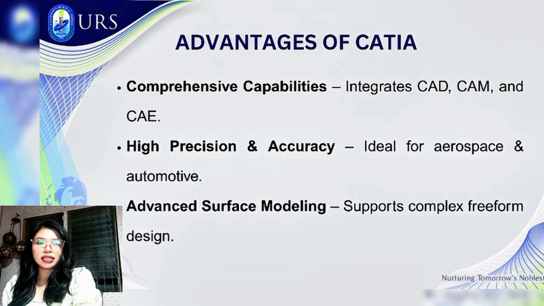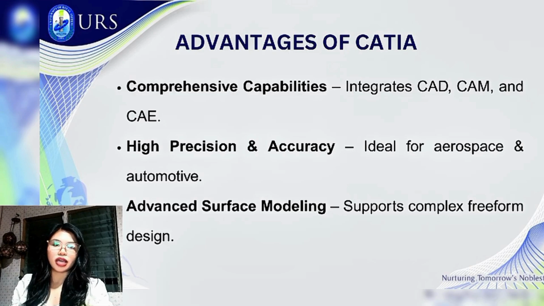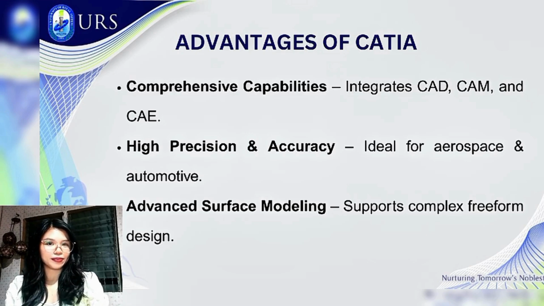Second, CATIA delivers high precision and accuracy, making it ideal for industries where exact specifications are critical, such as automotive and aerospace. Third, it supports advanced surface modeling, allowing engineers and designers to create complex freeform designs that would be challenging with other software.